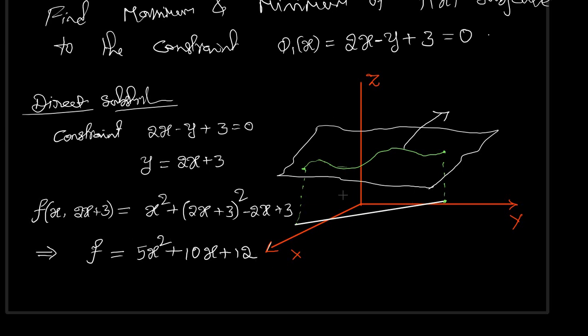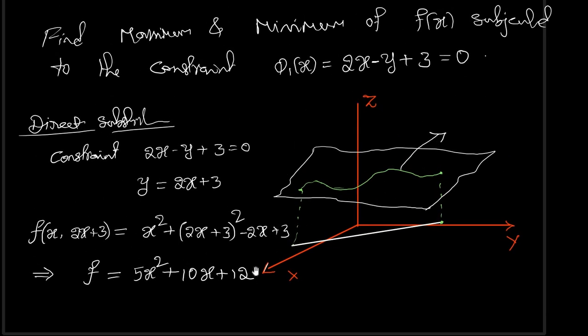So this is the function after substituting the constraint. It means when you substitute this line in the function, the restricted graph is a parabola which is given here, by the equation 5x square plus 10x plus 12.